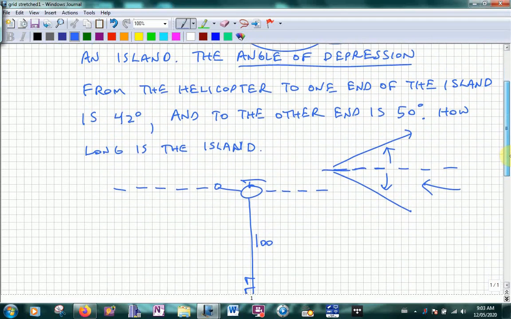So angle of depression to one end of the island from the horizontal down, what does 42 degrees look like? Well, there's 90. Halfway would be 45, so a little less than that, okay? That's 42 degrees. Angle of depression from the horizontal down.